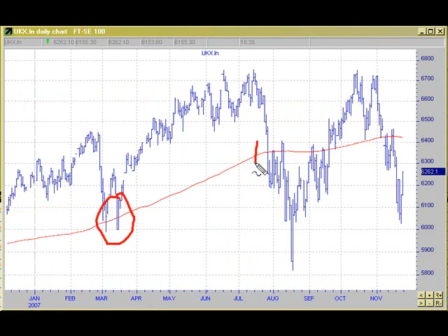Having gone through it here, tried to break through but failed there. Okay, here it's gone through clearly, but it's come down again. We got this failure here on the break, and now we're trying to rally again. This line is clearly important for FTSE.